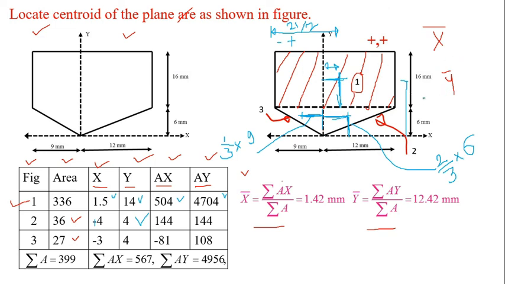Y is the vertical distance of the centroid of figure number 3. So, this is the distance which we have to write in the table. This is distance y.